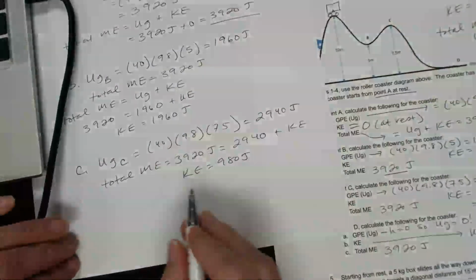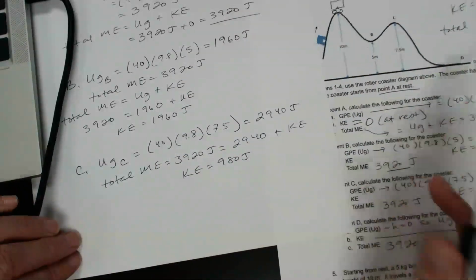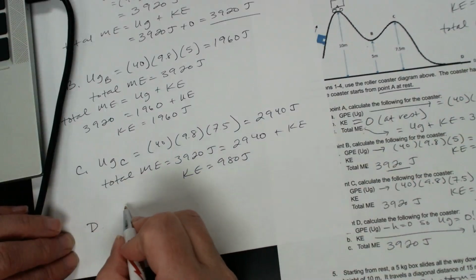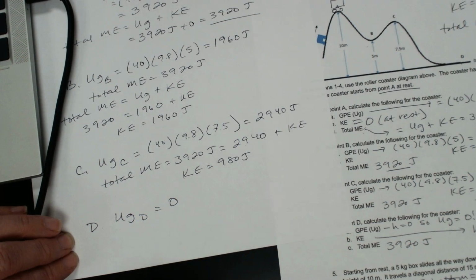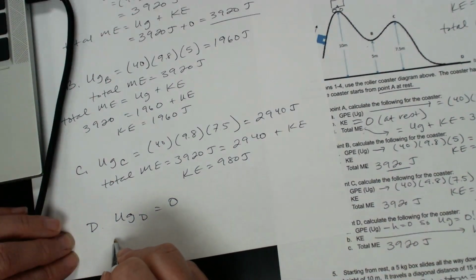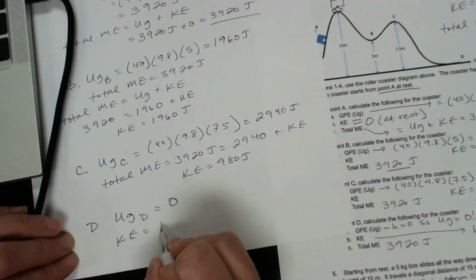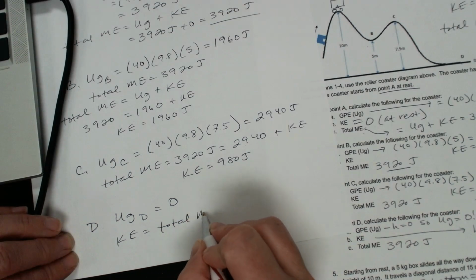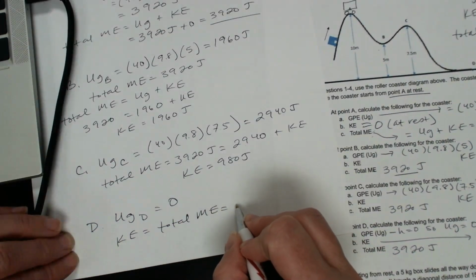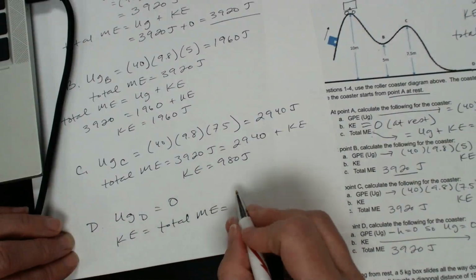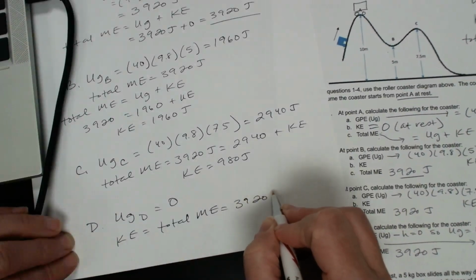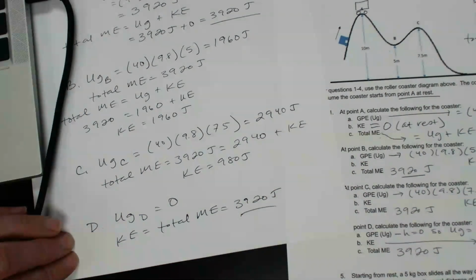Now my final point, point D, I have no height here. So I should be able to already guess that my UG at this point is 0 because my height is 0. That means all of my energy is kinetic, and that equals total mechanical, and that's 3,920 joules.